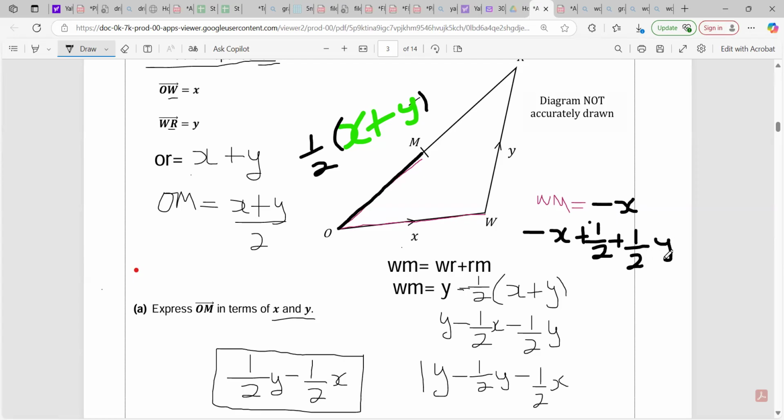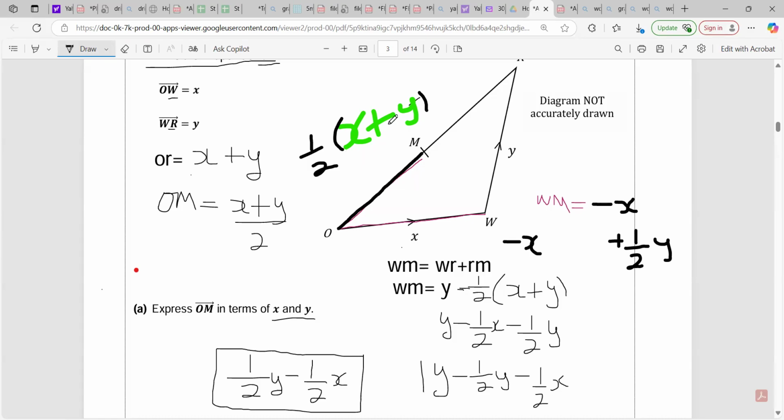I left off the x. So it would be minus x first, right? Minus x first, because we're going against the arrow, so that's minus x. And then we expand now.